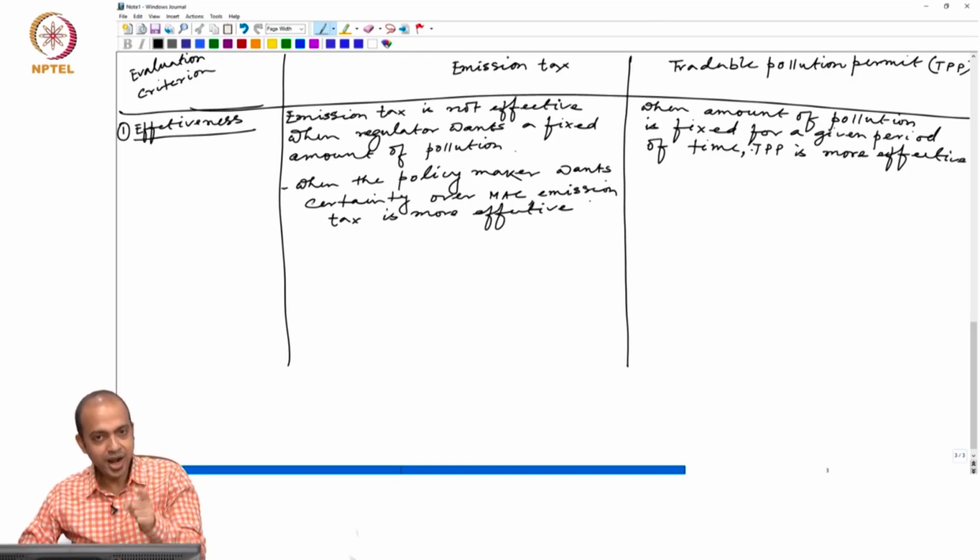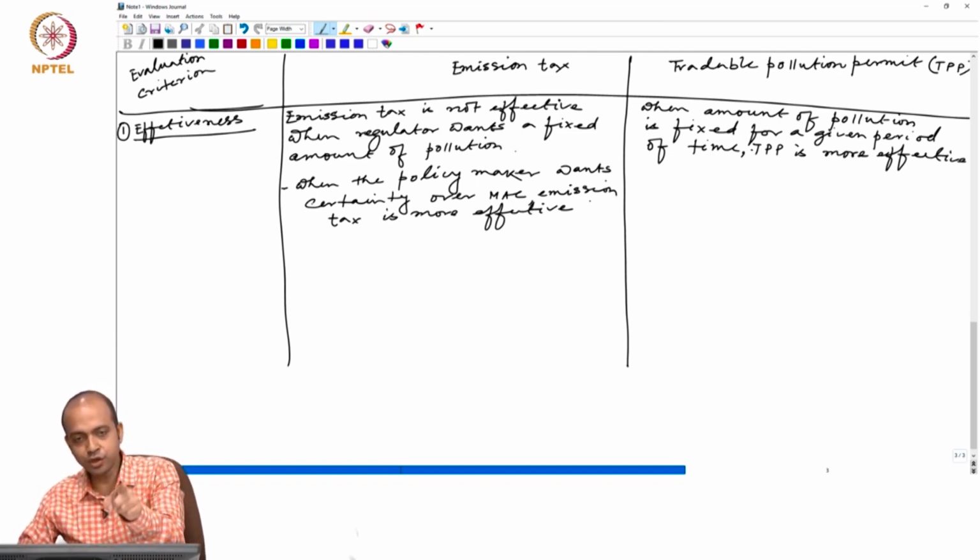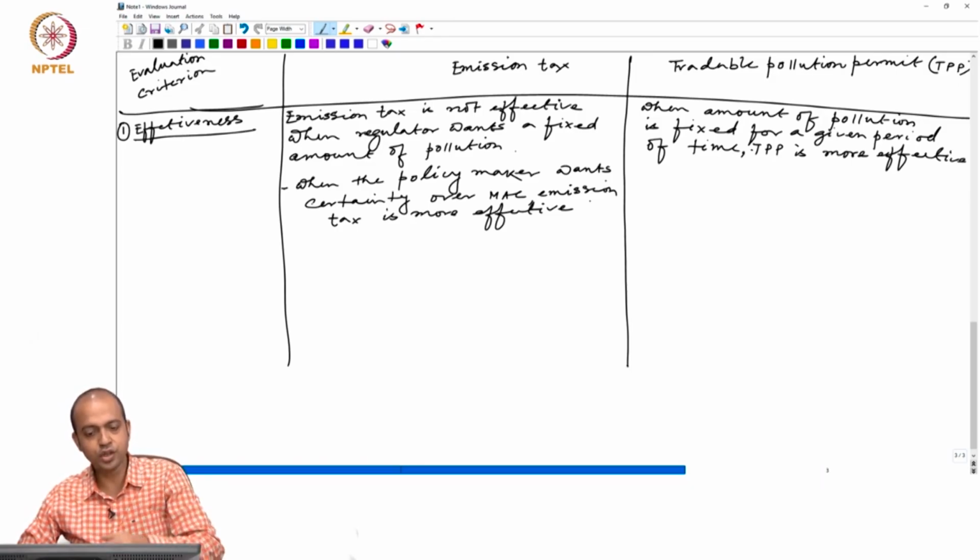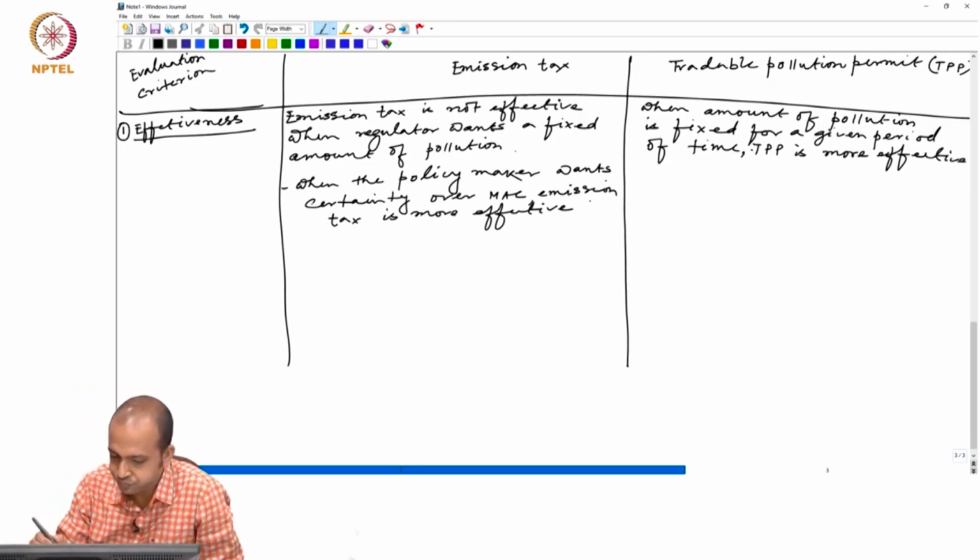In that case, if the policymaker's objective is to remove the uncertainty about the control cost, then emission tax is preferred, not the tradable permit. Similarly, when the objective is to ensure a fixed amount of pollution, tradable permit is preferred, not the emission tax.